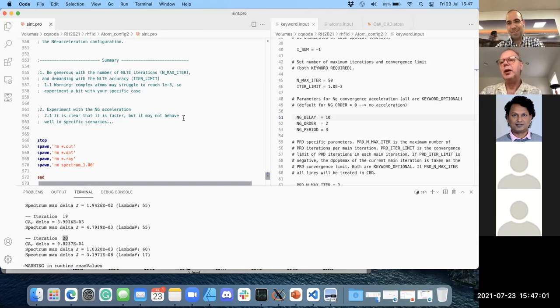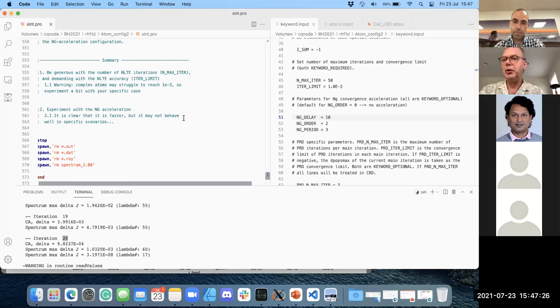Now what the NG acceleration does, it is a mathematical formalism that tries to extrapolate a series of iterations and tries to guess mathematically the best next iteration. And this is what the order and the period say.